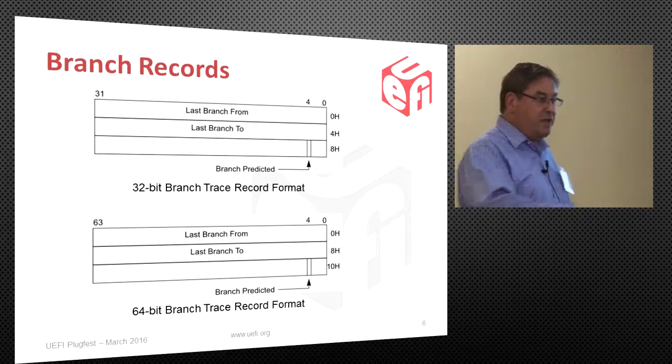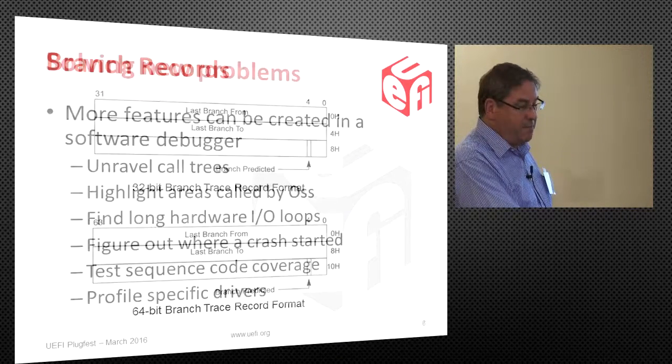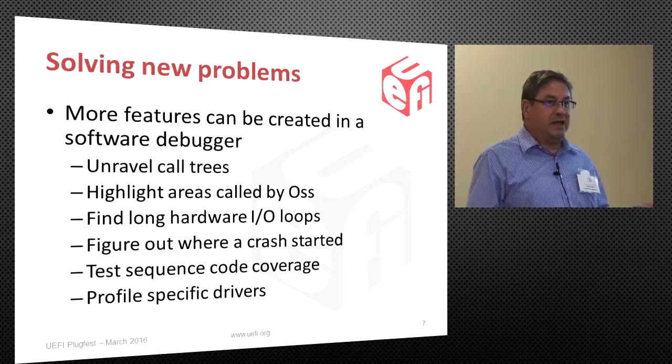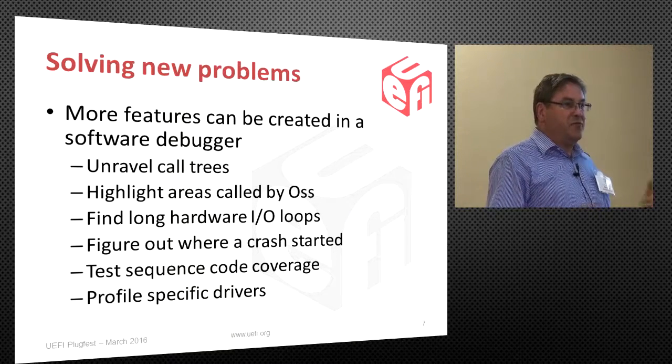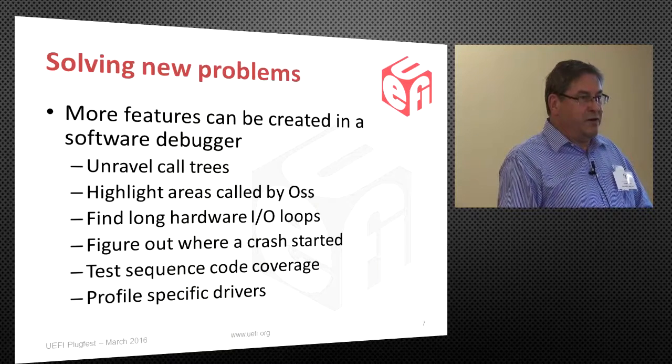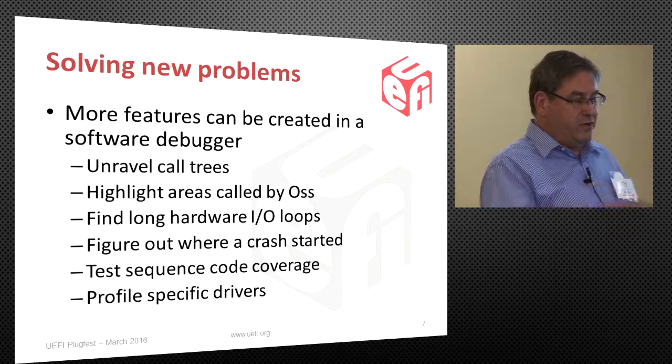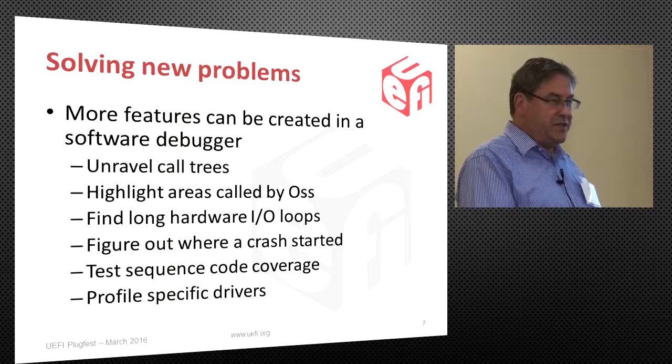There are a lot of other fields available, but these are the basic ones that we look at. The cool thing about this is it allows us to solve some problems that we've never really been able to solve in a software debugger. You would have to have an ITP or some other logic analyzer to grab hold of the bus to actually see some of these things.